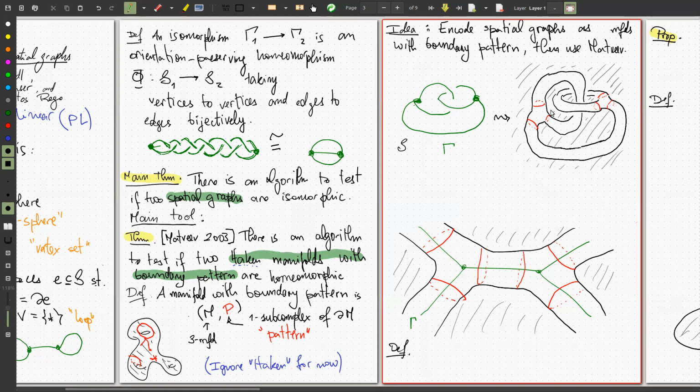And this is almost good. So what's the problem with this construction? Well, there are a few details we have to think about. One of them is that this construction doesn't really distinguish between vertices and edges all that well, because it doesn't distinguish an edge from a two-valent vertex.